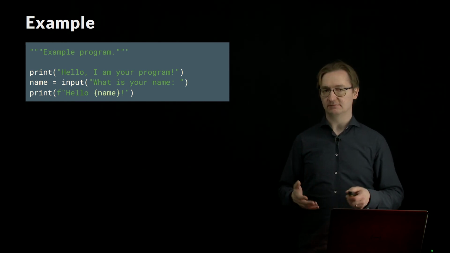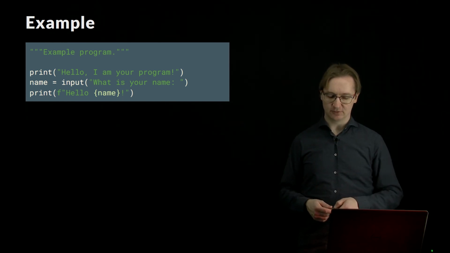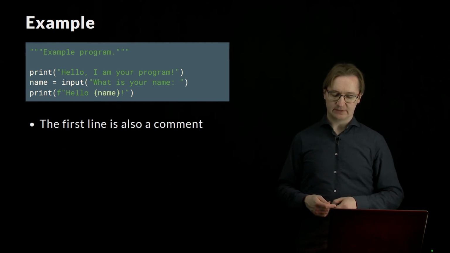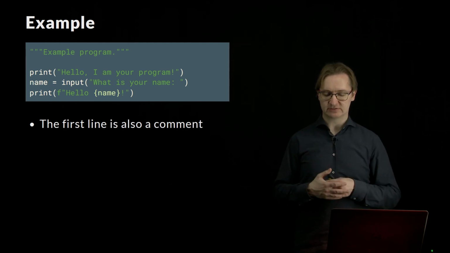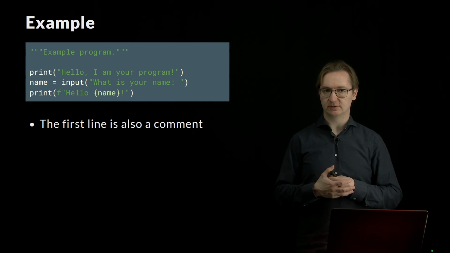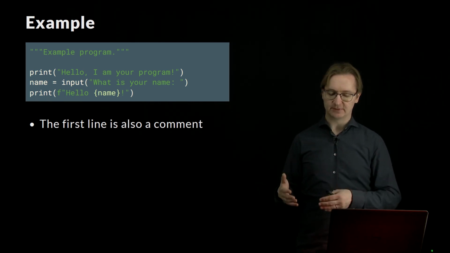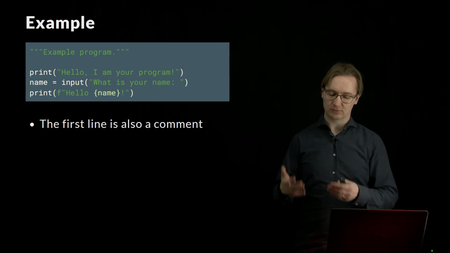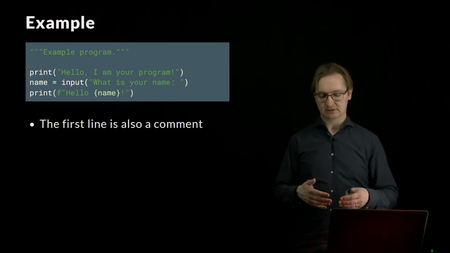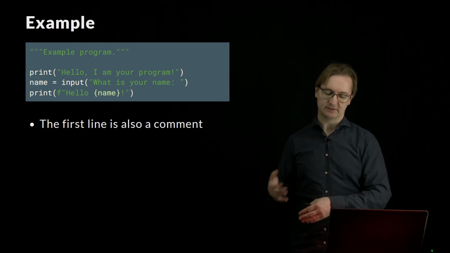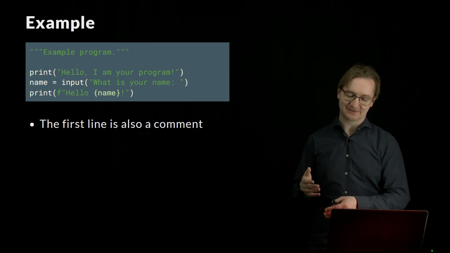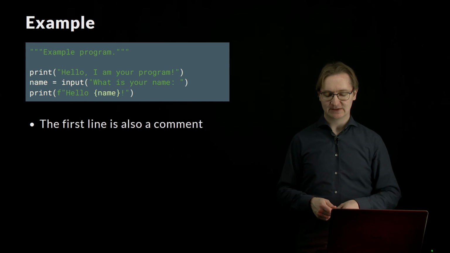Here's an example of a program. It's a bit bigger, but still a small program. Here the first line is also a comment, although it's written differently. There are triple quotation marks, or double quotes, before the comment and after the comment.